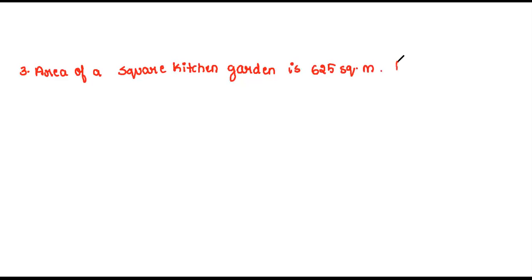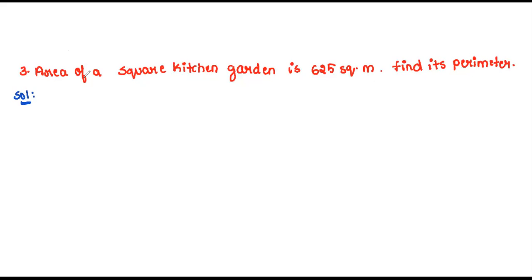Find its perimeter. So kids, this is your question. They have given you the area of a square kitchen garden. The area of that is 625 square meter and you have to find the perimeter of it. They have given the area and you have to find the perimeter.